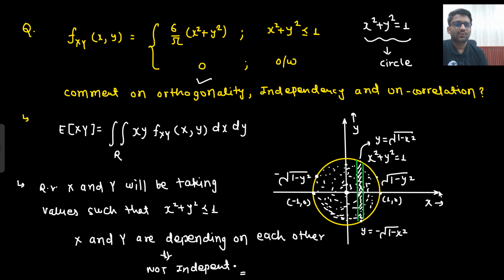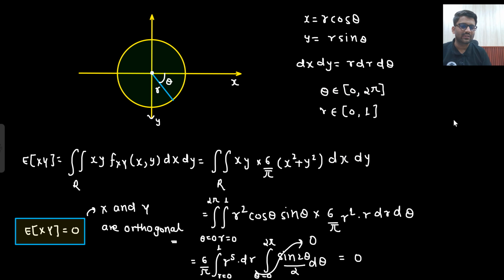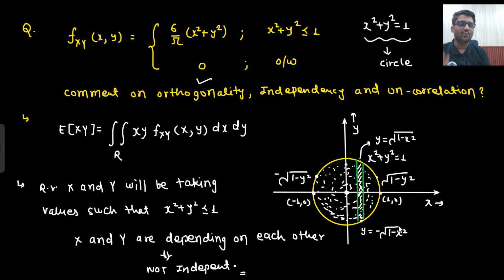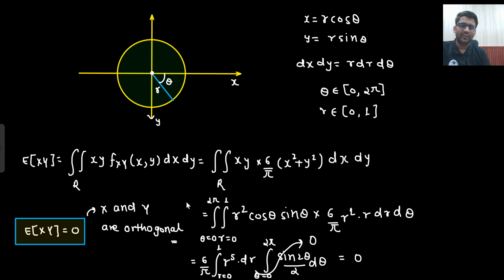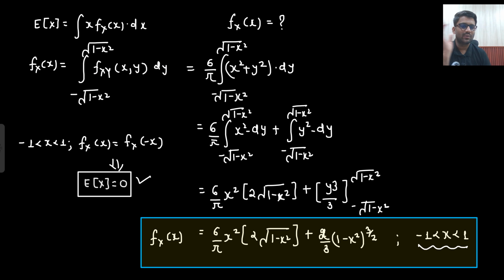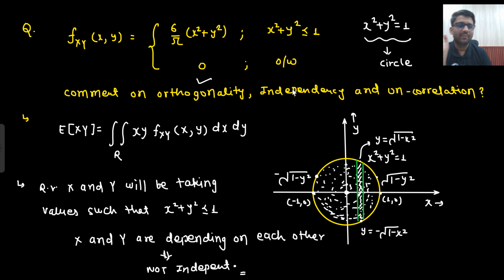So if only independency is asked, do you have to do the calculation? No. If you use your brain smartly... For orthogonality and uncorrelation, you will have to do the calculation of exy, ex, ey. But if only independency is asked, you can use your brain and say, sir, x and y are depending on each other, so they will not be independent.